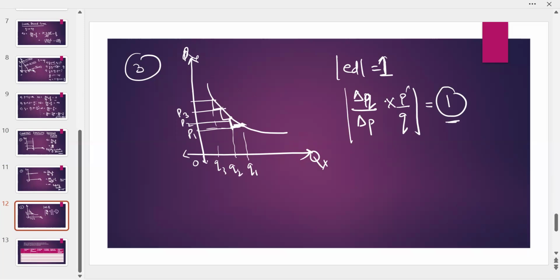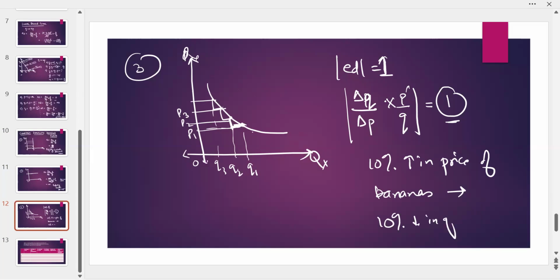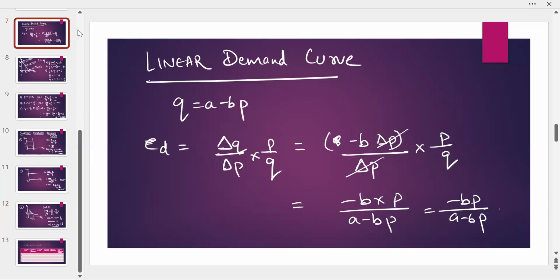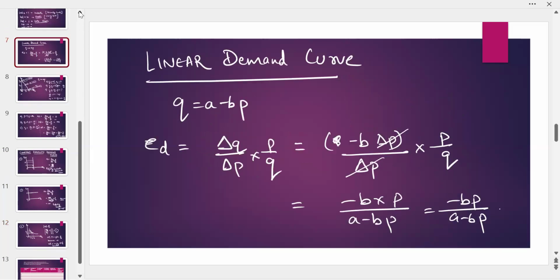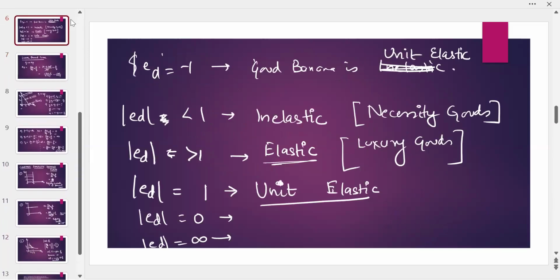So if there is, let's say, a 10% increase in the price of bananas, it leads to a 10% fall in the quantity demanded of bananas. Understood? That is what happened in our previous case, where we took the example of bananas.